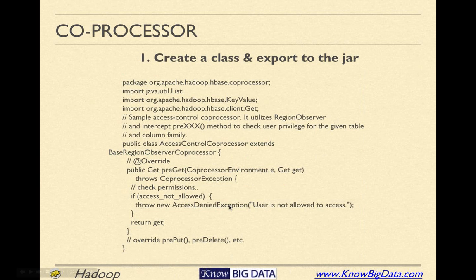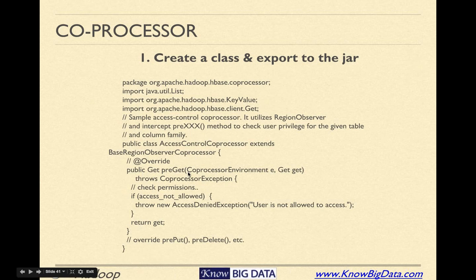So a coprocessor gives you the ability to handle the incoming requests, as well as handle the get, put, and delete. So pre-get, post-get, pre-put, post-put, pre-delete, post-delete, those are the kind of functions you can override. To do that you just create a class, whatever class name you give, and extend BaseRegionObserver coprocessor.